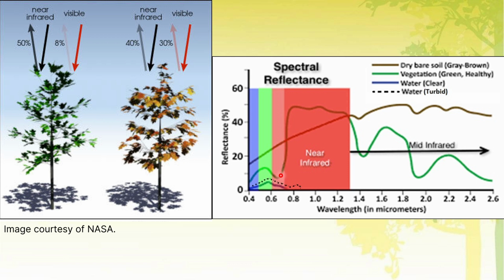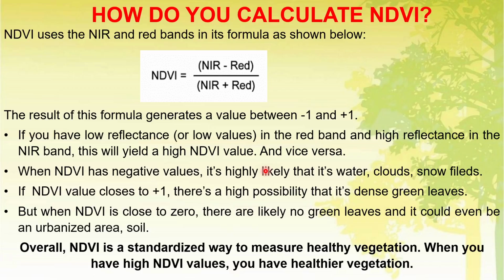So we see the plants in green color because we cannot see near infrared. We can see only the visible range, that is green. It reflects. That's why we see the vegetation in green color in the light.